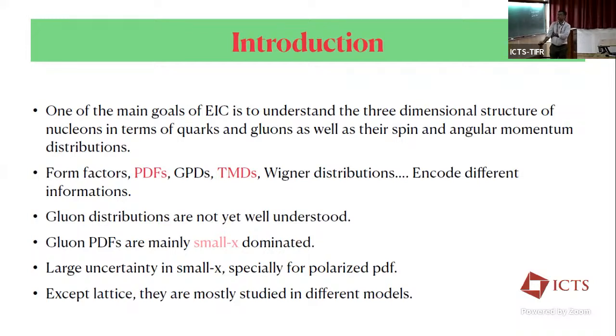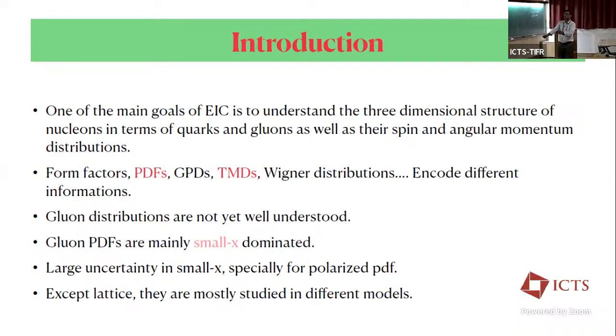We know that gluon PDFs are mainly small-x dominated, and at small x the experimental predictions are very noisy, so there are a lot of uncertainties, especially for polarized PDFs of gluons, which are not constrained in the small-x region yet.